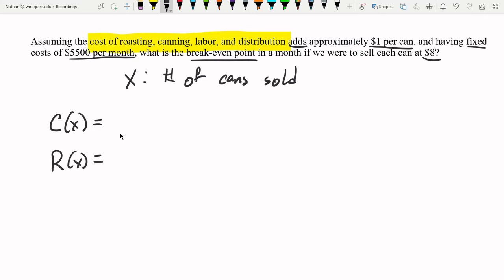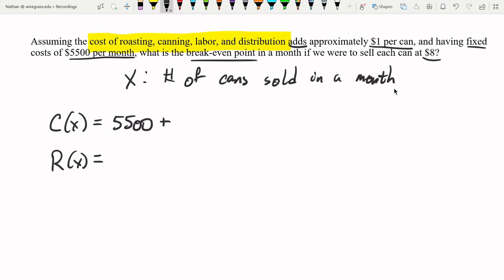So a cost function would be, well, if we have a fixed cost per month, this is a per month cost function. That means it's going to be at least $5,500 plus however many cans we make in a month. So x should really be the number of cans sold in a month, because we're always looking at this on a month-by-month basis.